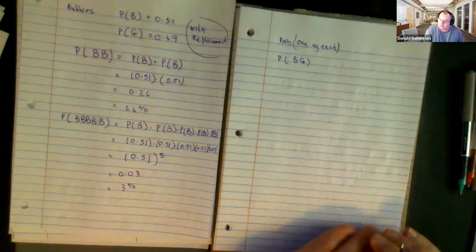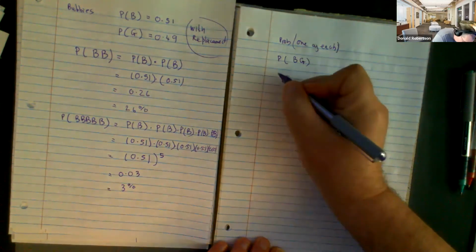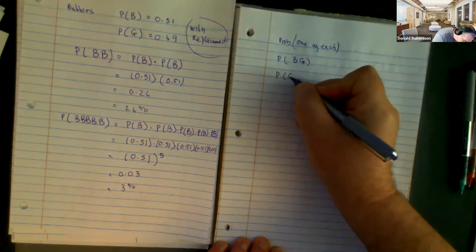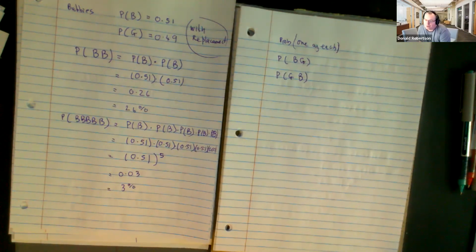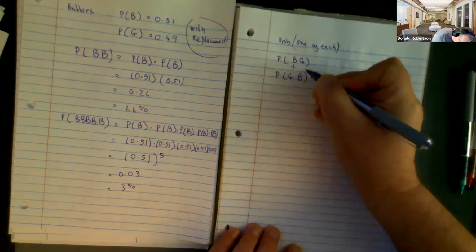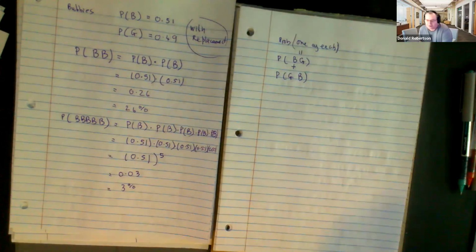Would you agree? But couldn't it also be the first one was a girl and the second one is a boy? And don't they count as 2 separate ways for that to happen? Right, a boy and then a girl is not the same as getting a girl then a boy. And if you add them together, that's how you find out the probability of getting 1 of each. Does that make sense? A boy and a girl, or a girl and a boy.